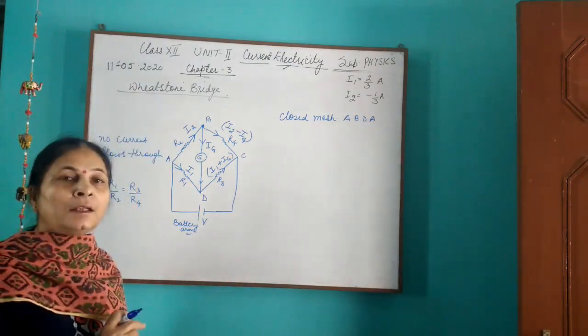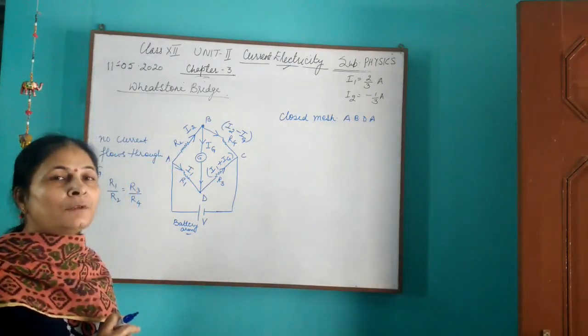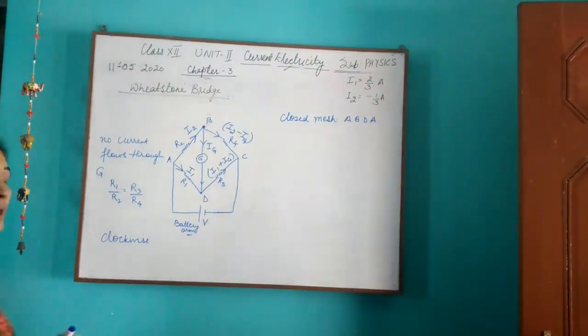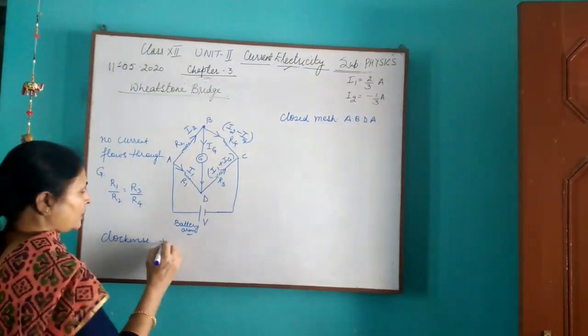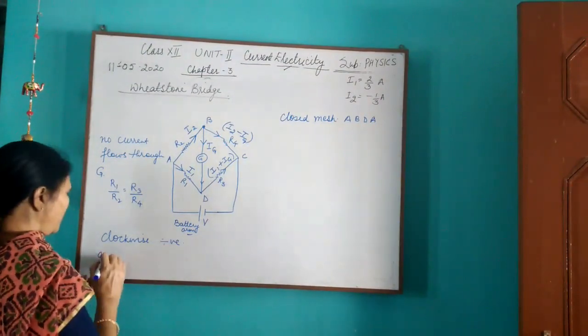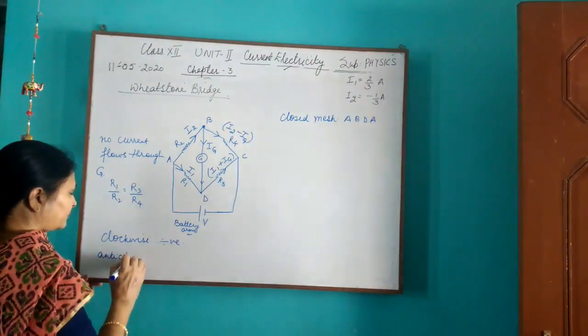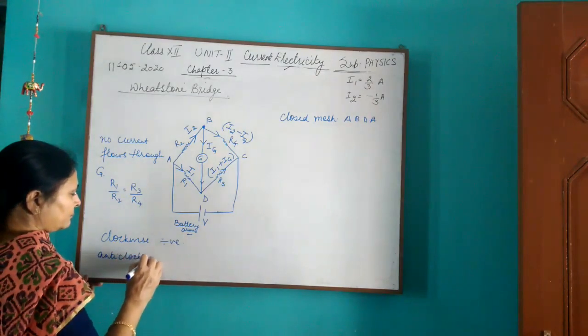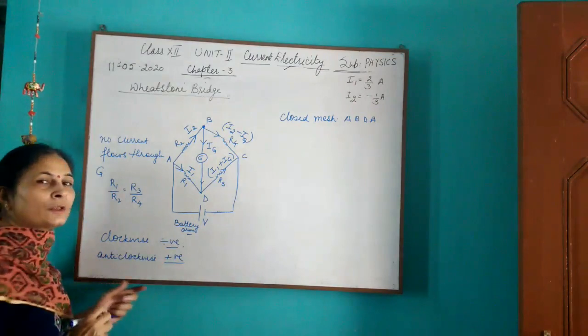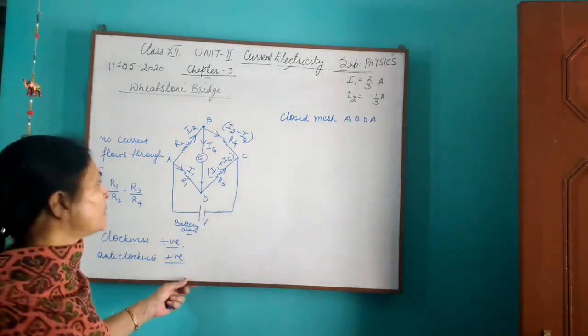Again, we'll take clockwise as negative and anti-clockwise as positive. In all the questions you should take only one assumption.